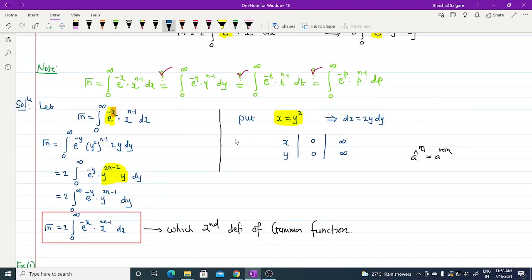Thank you, thank you. It is e to the power minus y square. So correct it. Very good. OneNote is not responding. Correct it. It is e to the power minus y square. Now you continue. OneNote is not responding. Just a minute.